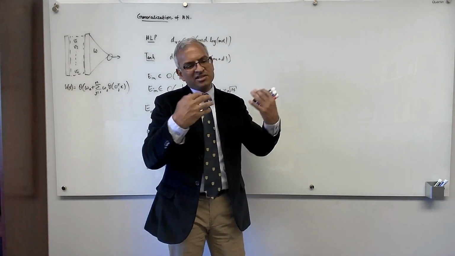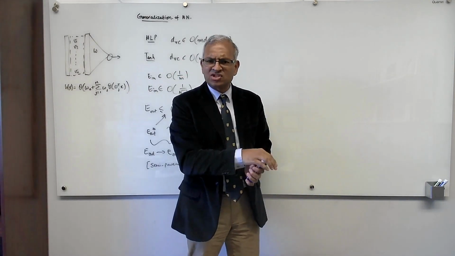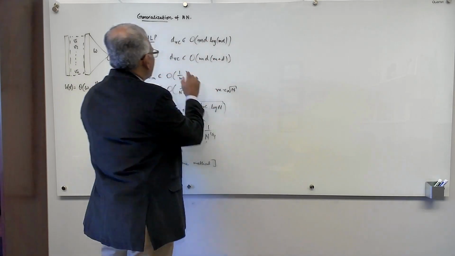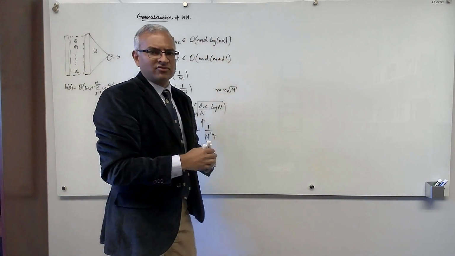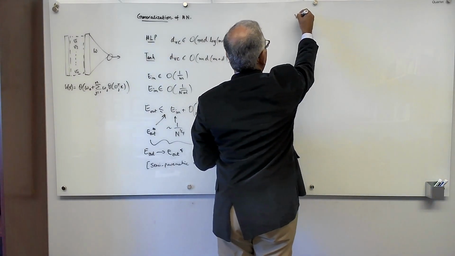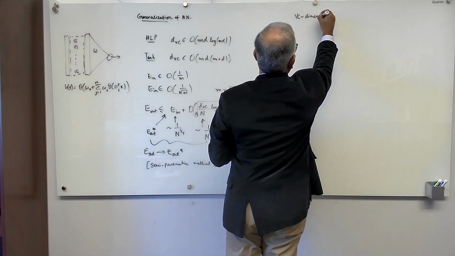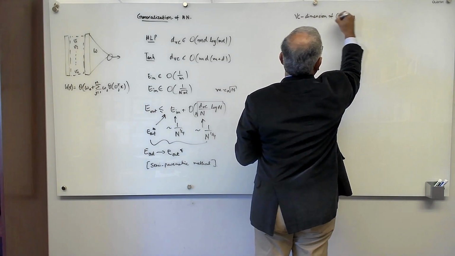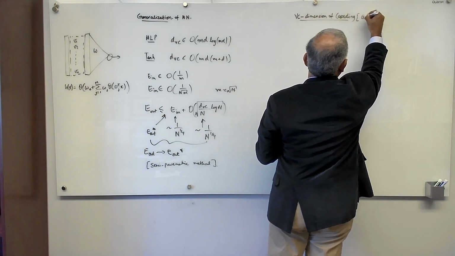So we're going to look at the VC dimension of cascading. I'll do it in a slightly general context. I'll do it quickly, and then we can apply it to get this product for the VC dimension. So the VC dimension of cascading, and this is a quick look.